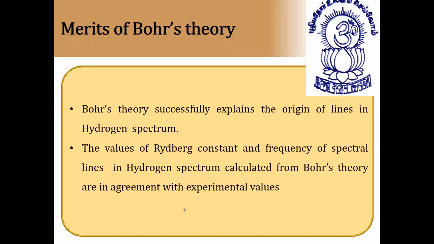Most important, he could successfully explain the spectrum of the hydrogen atom and also hydrogen-like species, that is, single electron species. So these are all the merits of Bohr's theory.